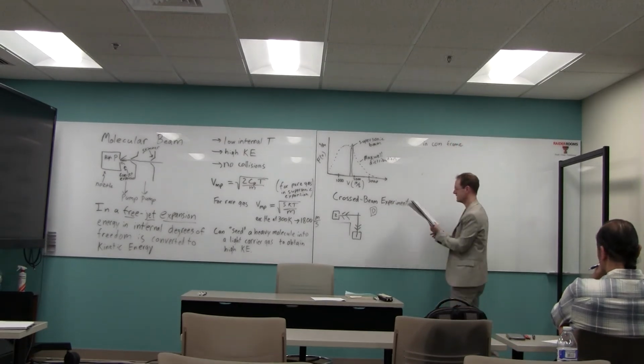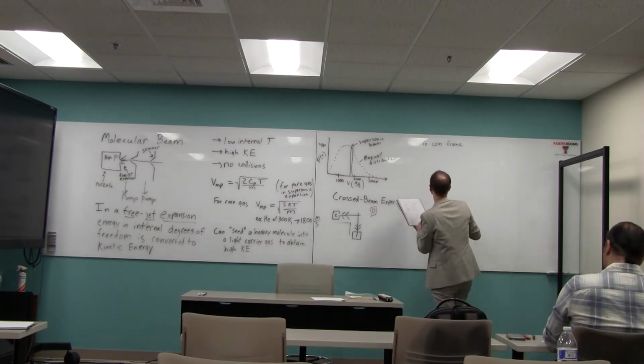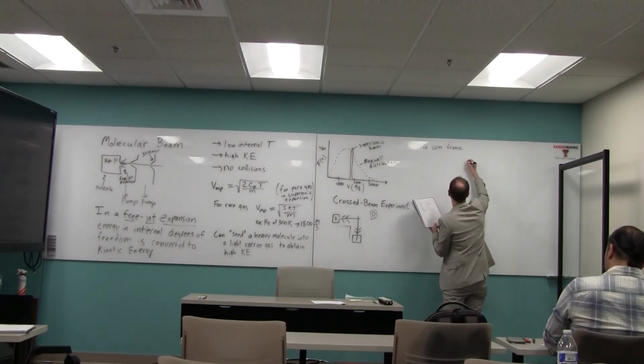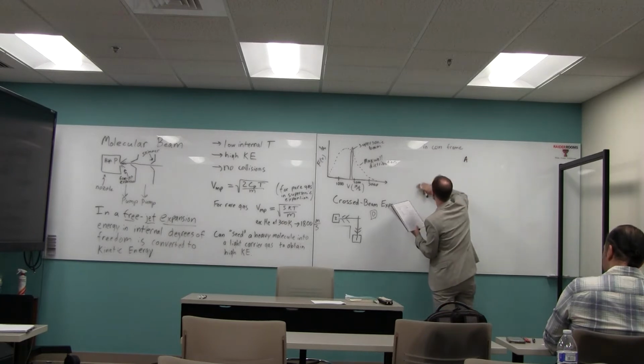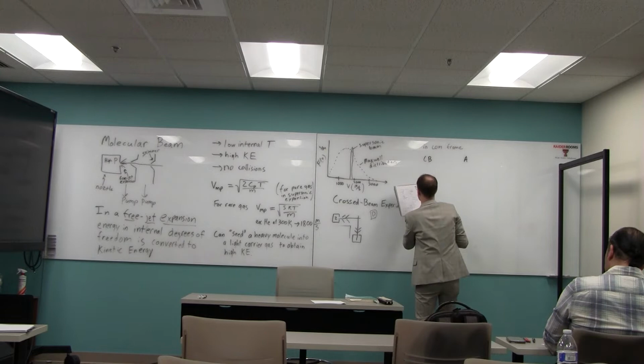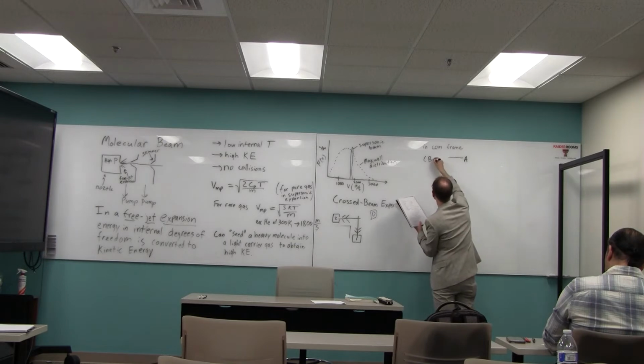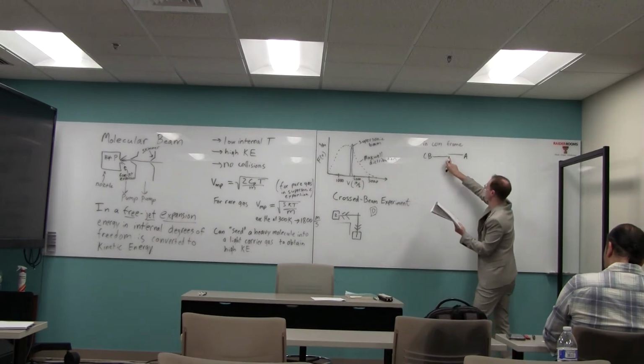let's say you have a reactive collision, and you want to study some chemical reaction. Let's say you have an A molecule reacting with a CB molecule. Maybe the A molecule is coming in like this, the CB molecule is coming in like this. They undergo a collision.